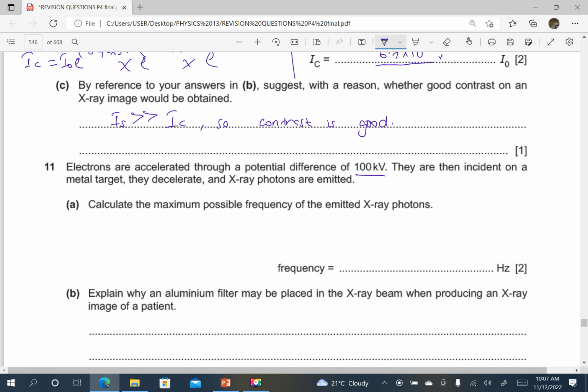So we know that the electron gives out all its energy, which is E times the accelerating PD, as an X-ray photon, hf. So f maximum is going to be eV, which is 1.6 times 10 power negative 19, the charge of an electron, times 100 times 10 power 3, the PD, divided by h, which is 6.63 times 10 power negative 34.